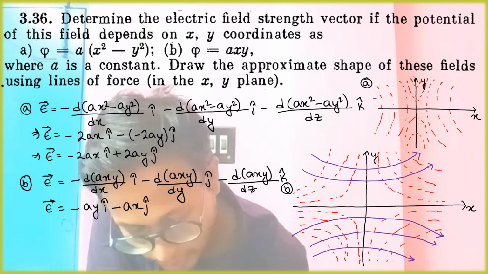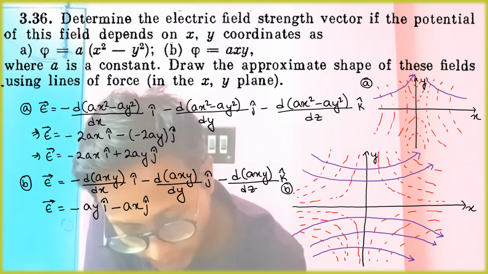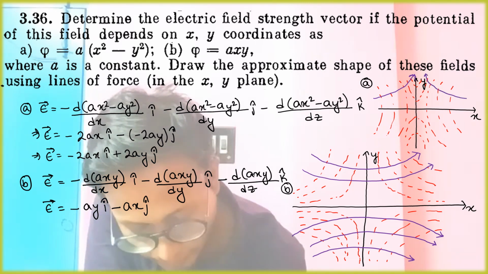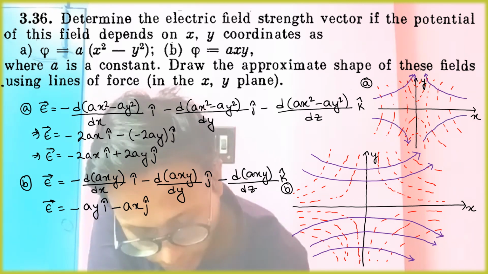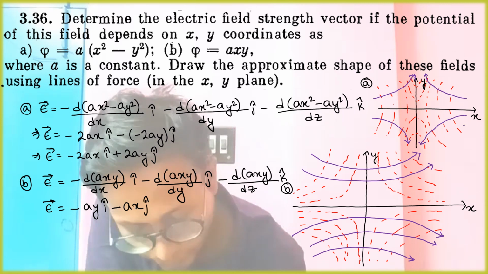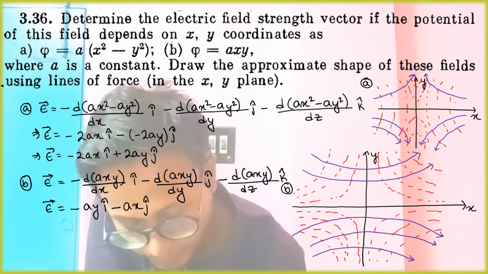So the electric field lines would go somewhat like this in the downward quadrant, from higher potential to lower potential. The graph would look somewhat like this.